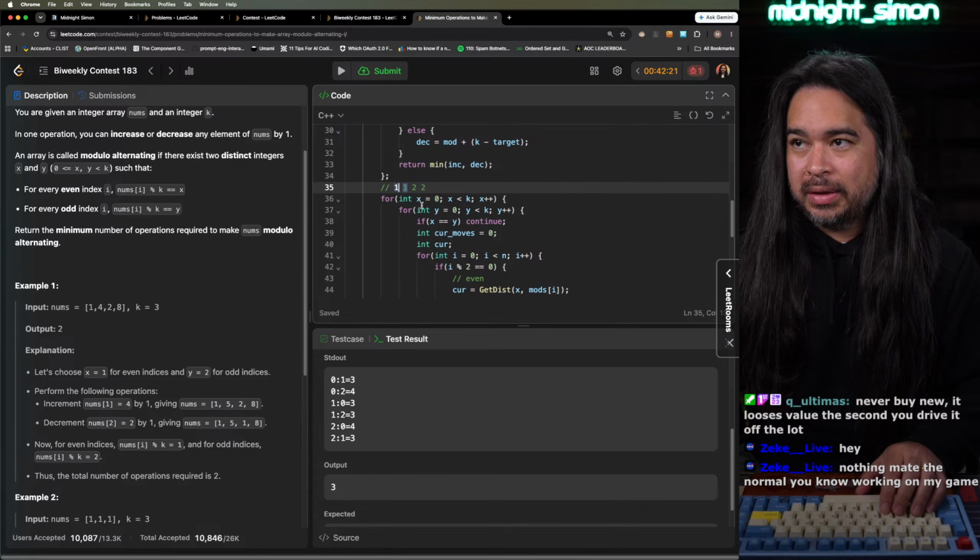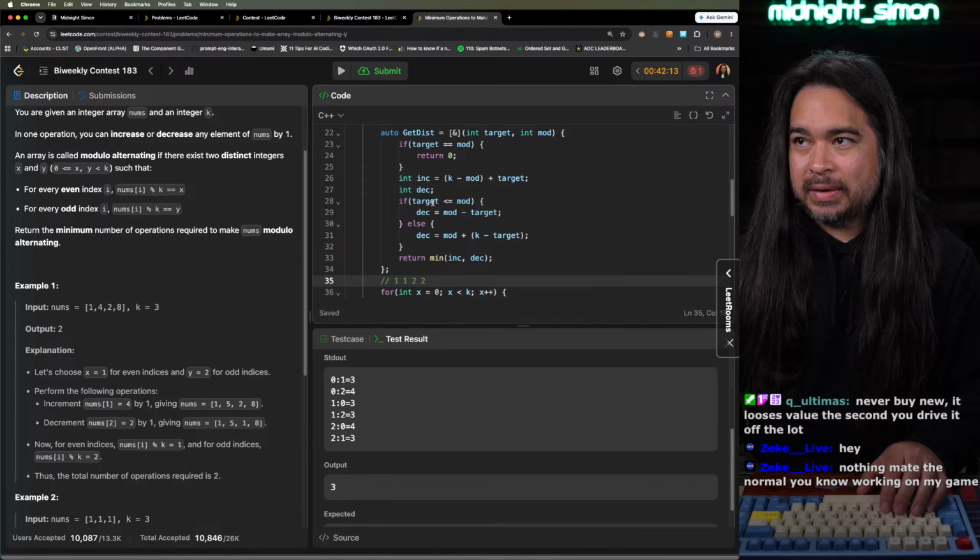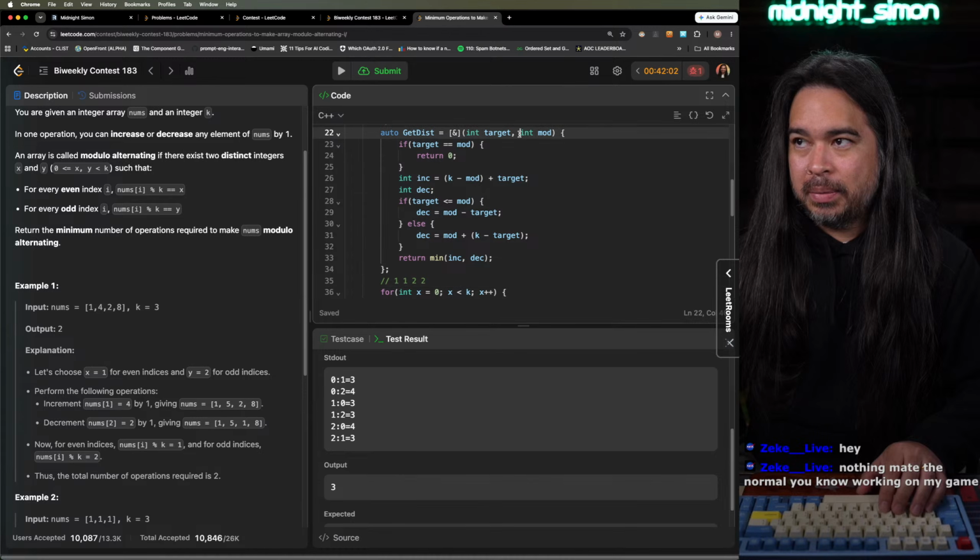So I'm looking, and I should get 1 and 2. But so my get distance. The first thing is the target is 1 and our mod is 1, so that should return 0. Next, target is 1, but the mod is 2, so 3 minus 2 is 1.